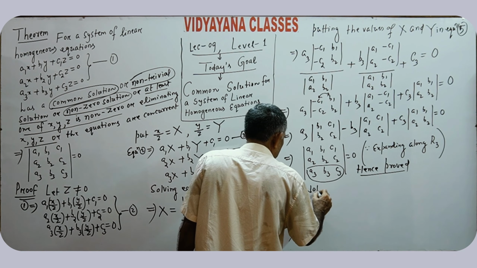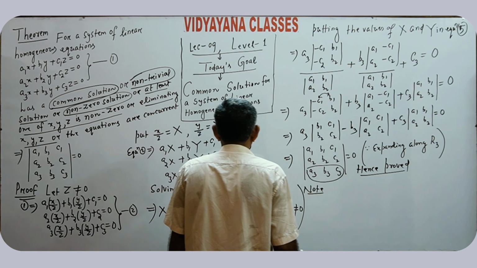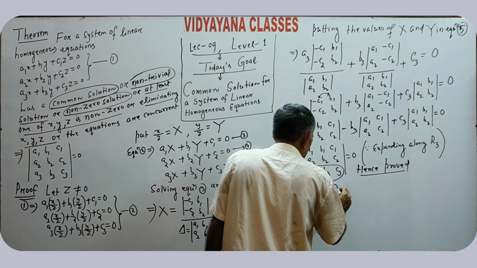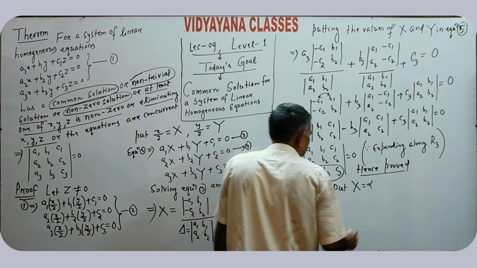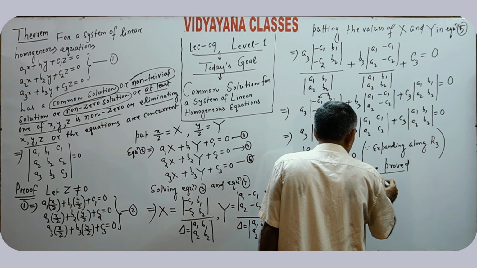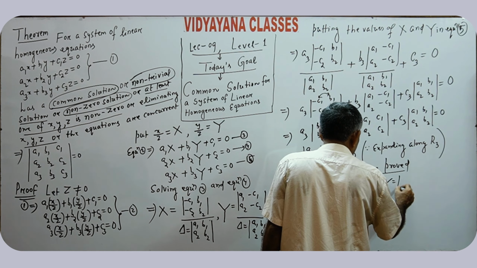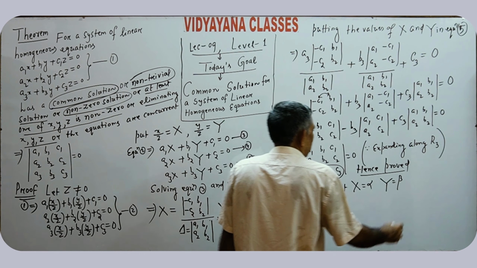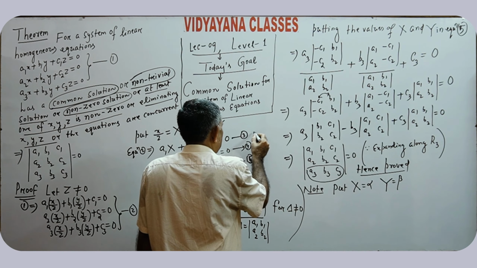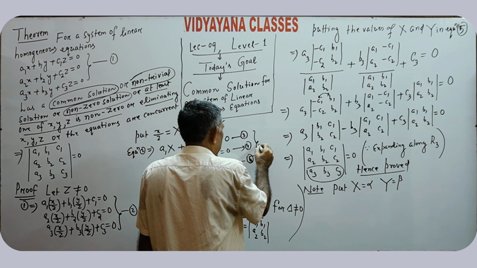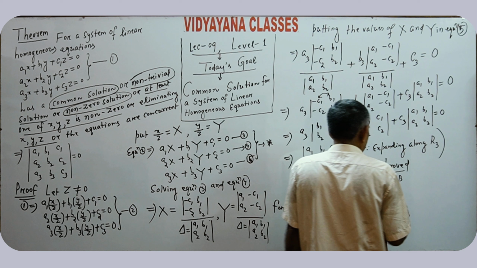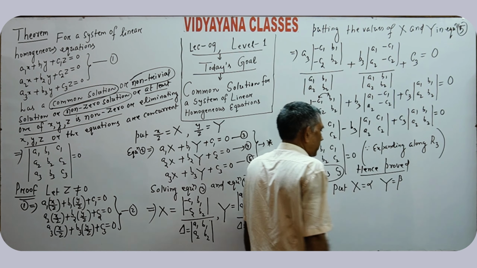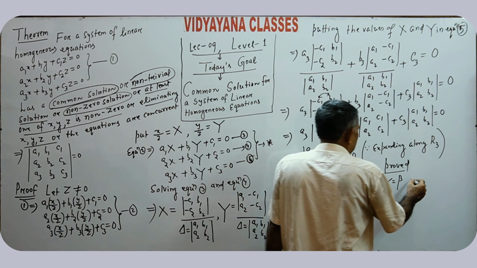Note: put capital X is equal to alpha, capital Y is equal to beta, and this system is taken as star. Put X is equal to alpha and Y is equal to beta in star.